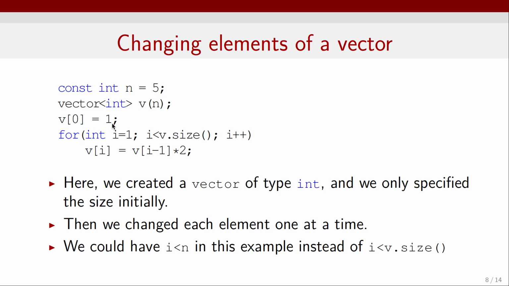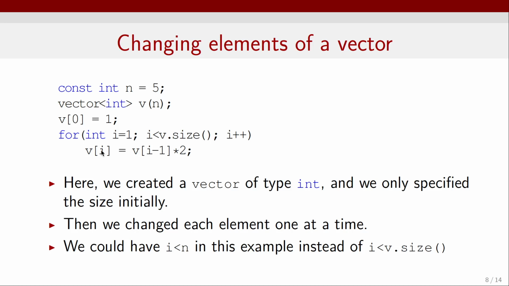And then I can use a for loop to initialize the rest of the elements. And inside that for loop, I have some kind of iteration or some kind of relation that I can apply in each step of that iteration.